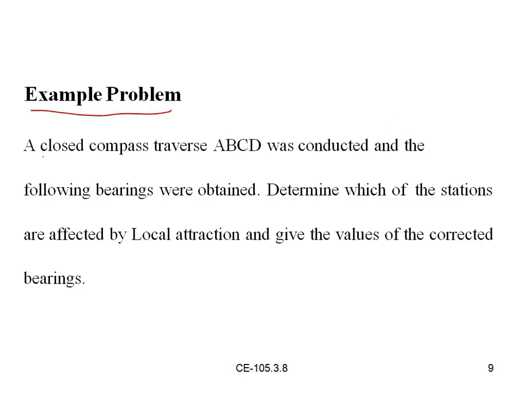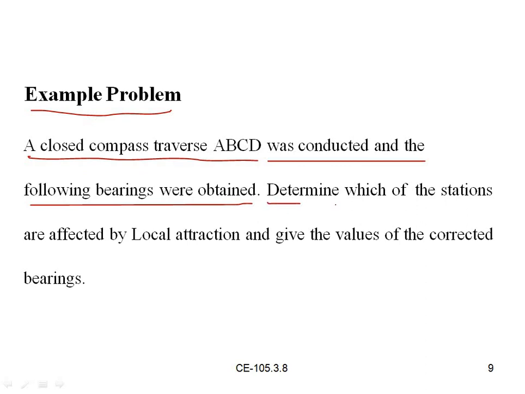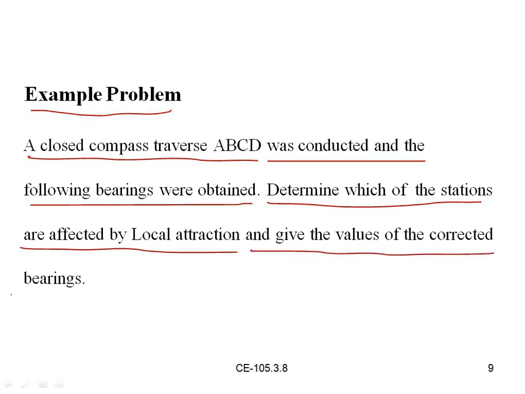So next, let us see a problem. A closed compass traverse ABCD was conducted and the fore bearings and back bearings were obtained. Determine which of the stations are affected by local attraction and give the values of the corrected bearings.